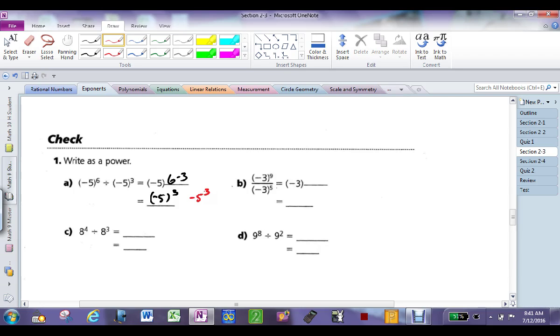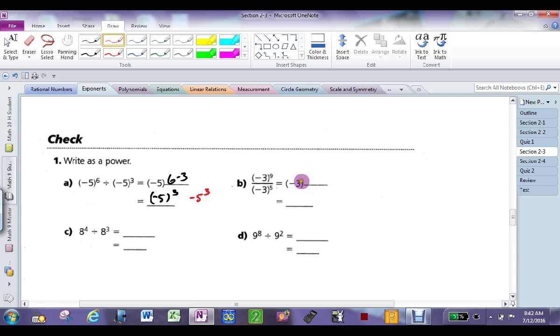No. It is not. Will it evaluate to the same answer? Yes. So you have to be careful. If you tell me this is the answer, I'm going to mark it wrong. Because it's not. Everybody cool?